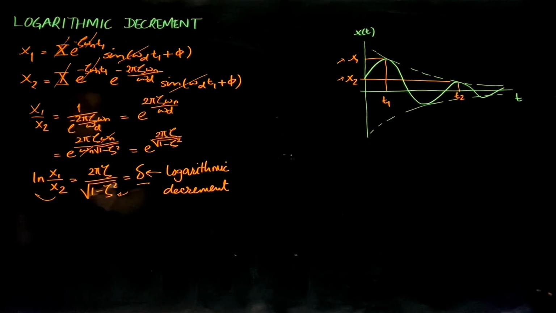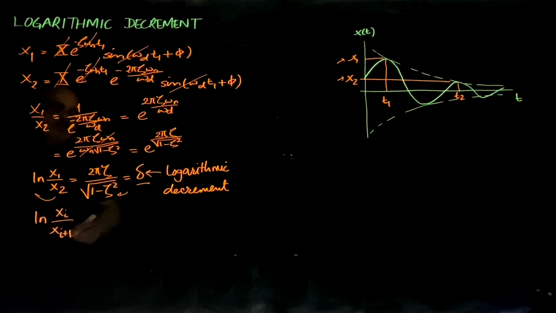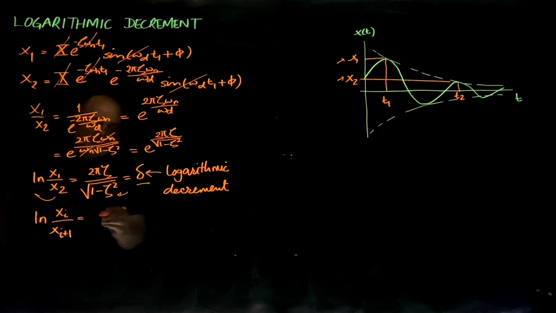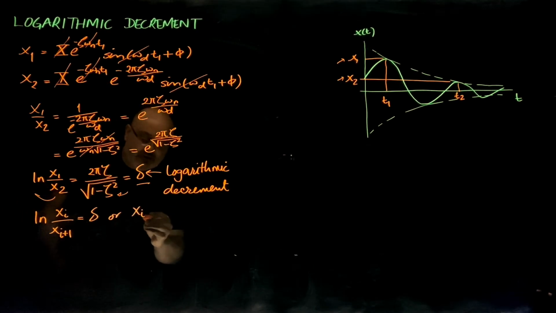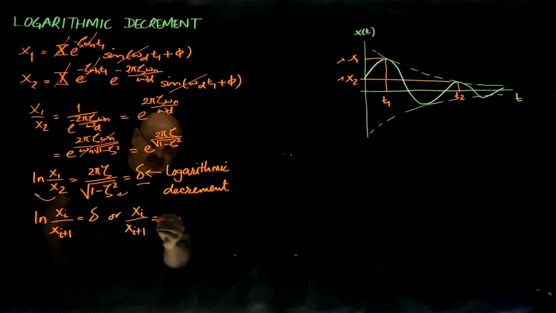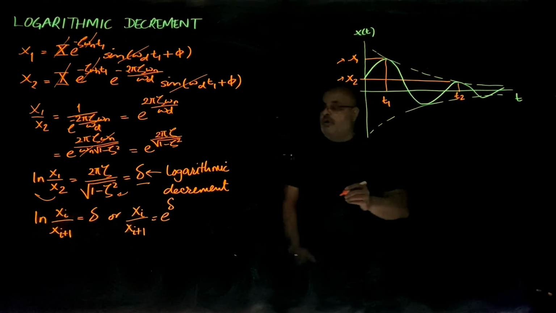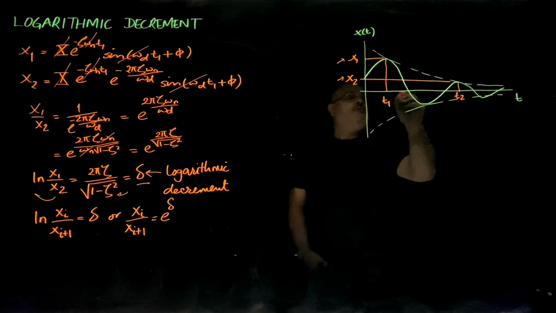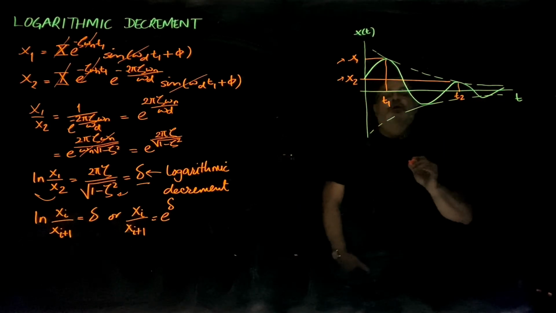I can also write this in general form as ln of xi divided by xi plus 1 equals delta, or xi divided by xi plus 1 is e to the power delta. Now, for better accuracy, sometimes you want to take more than one peak to eliminate errors due to measurement.